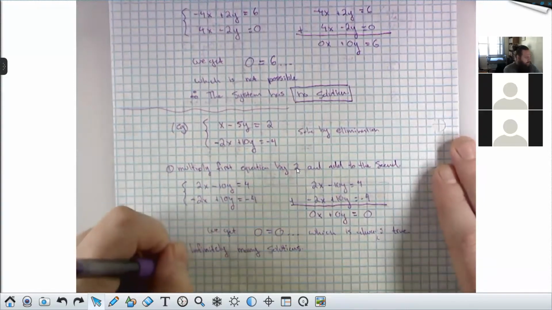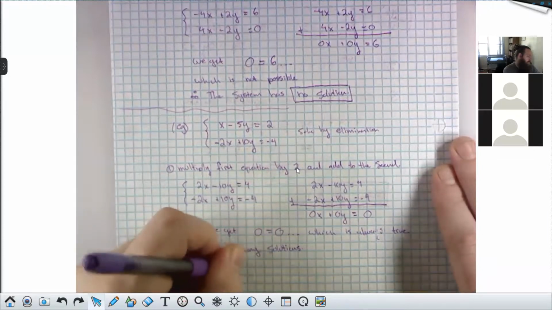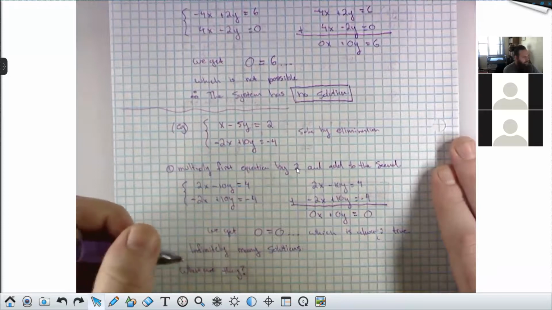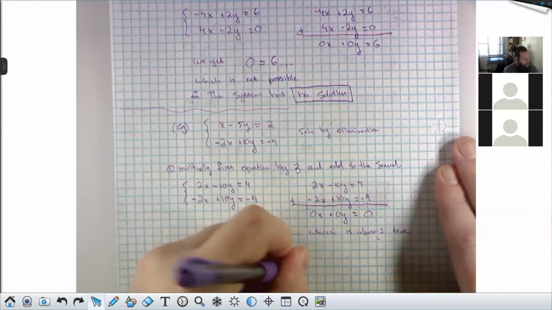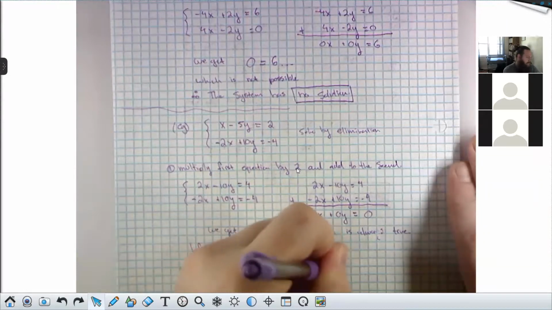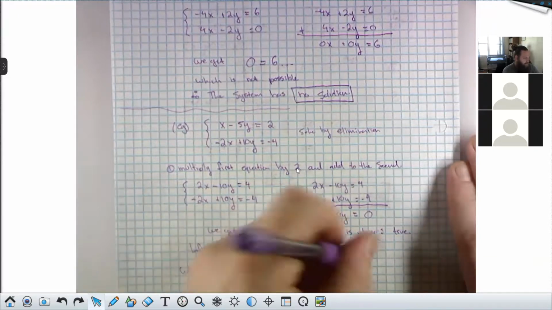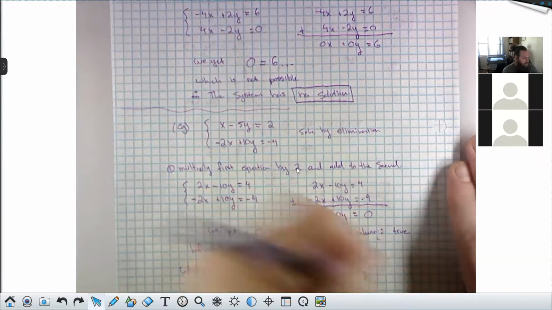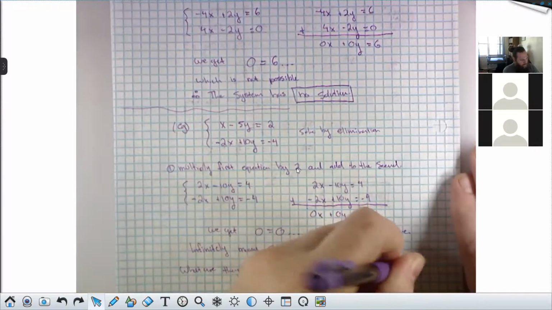So what are they? Well, they're any point that's on the line. So if you take this guy, solve him for y, I'll subtract the x over, so I get negative 5y equals 2 minus x.